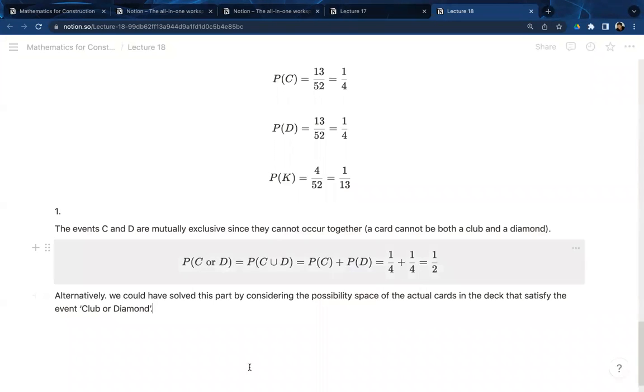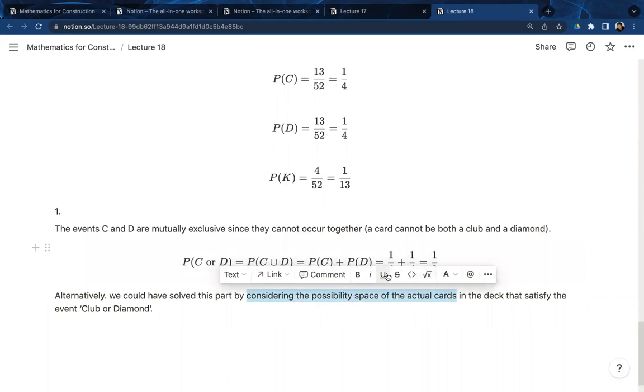So this part you could have solved by considering the possibility space of actual cards, right? We have 52 cards in our deck, but how many actual clubs and diamonds do we have? You've got to add them up. You don't multiply them. You don't multiply by 13 to get 169. That doesn't make sense, right?